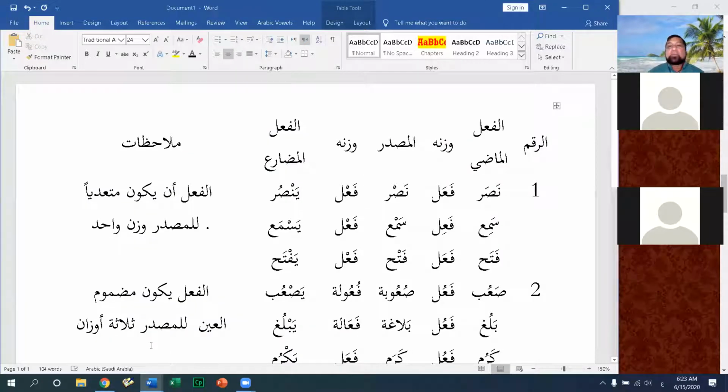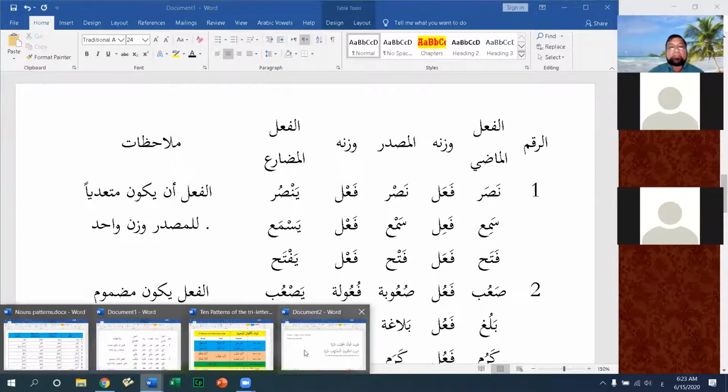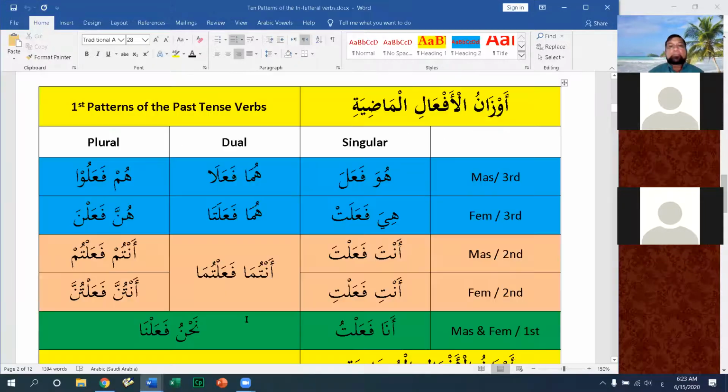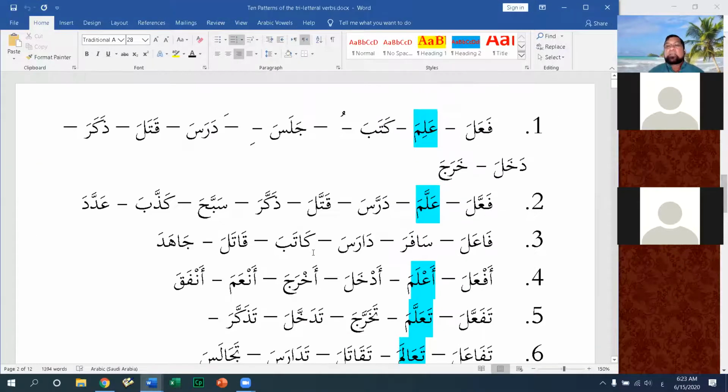So if we were to look at some of these verbs that we have up here: alima, alimun, kataba, كاتب. جلس جالس. درس دارس. قتل قاتل. ذكر ذاكر. دخل داخل. خرج خارج. Those are real words.